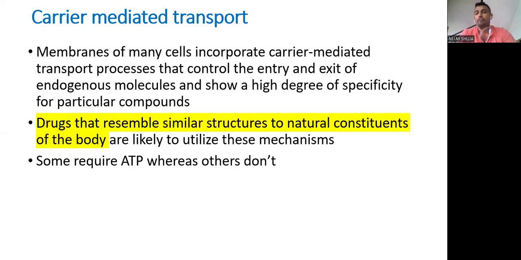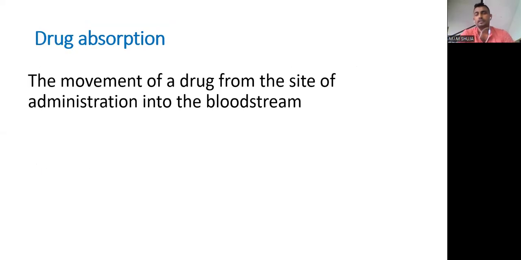For some carrier-mediated transport you need ATP; for others, you don't. So that is basically the modes, or the ways, your drug will go across the cell membrane.